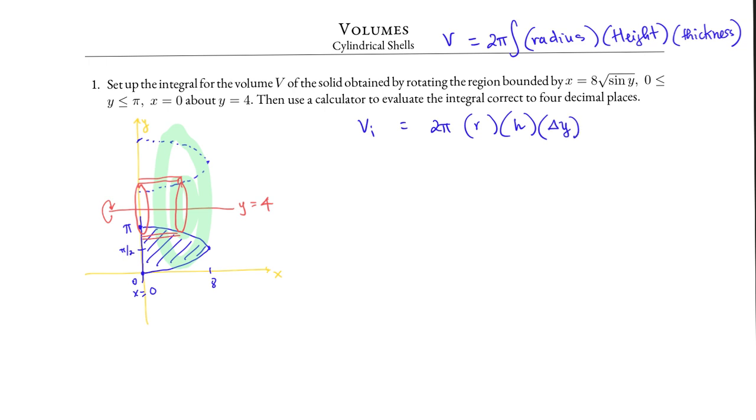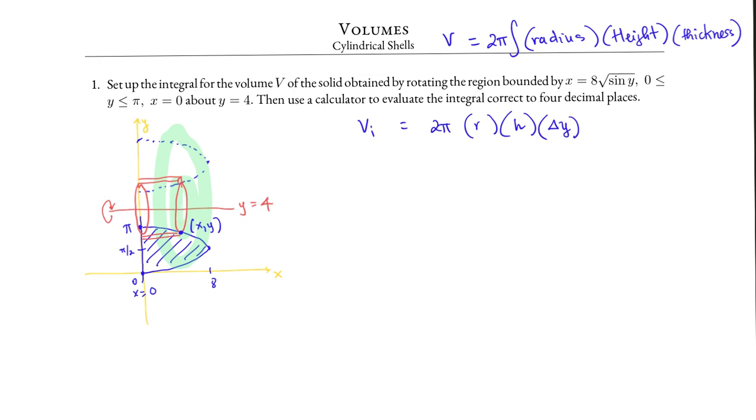As usual, we label the point on the curve at the cross-section x, y. That means the horizontal distance from the origin to the point is x, and the vertical distance from the origin to the point is y. But in this case, we are interested in the radius of the shell, which is from the axis of rotation to the point.